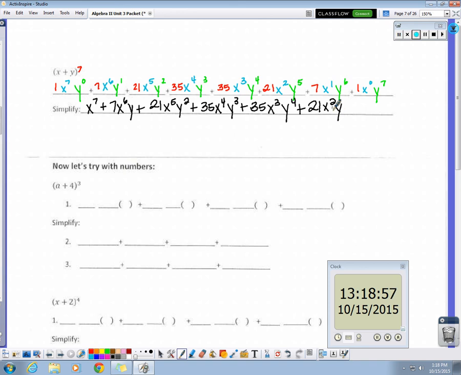Okay, but then when you get to the 7th term, you put 7x y to the 6th. You don't have to put the 1. And then on the last one, the 8th term, you just put y to the 7th.